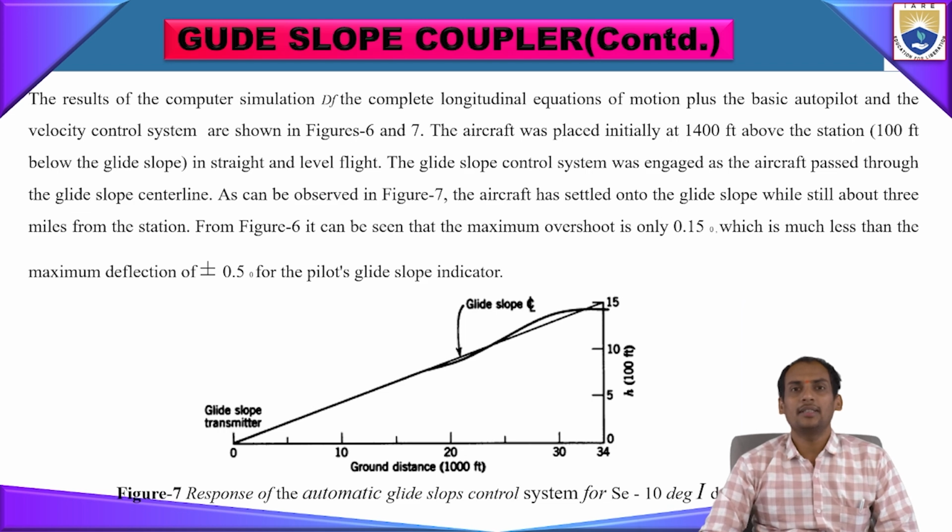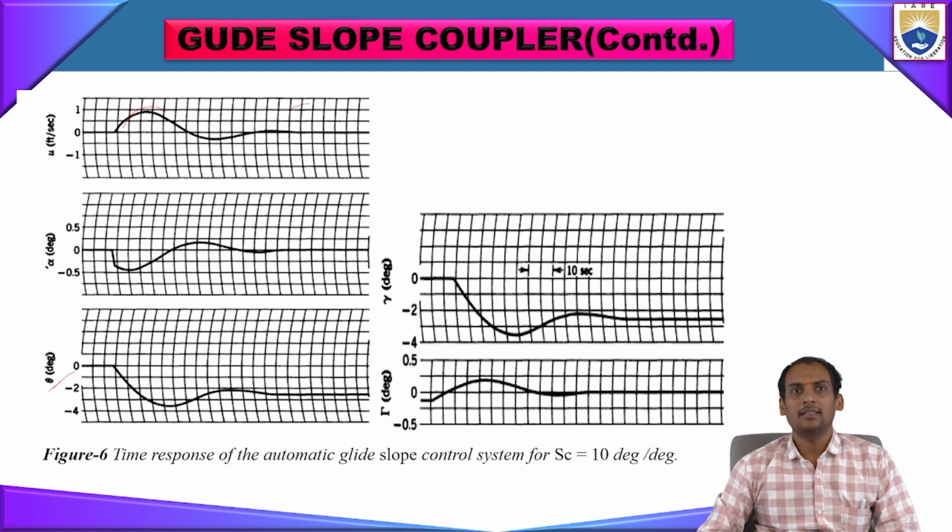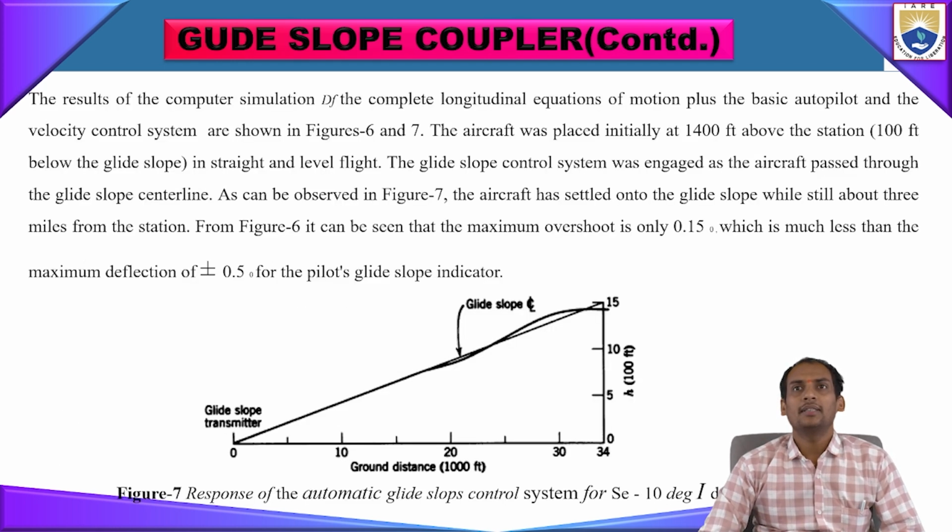So the results of that simulation, with the complete longitudinal equations of motion plus the basic autopilot and the velocity control system, have been shown here in the previous figures 6 and 7. Here the aircraft was placed initially at 1400 feet. That means we made it the range of 1340 feet, the range for which we made the root locus plot.